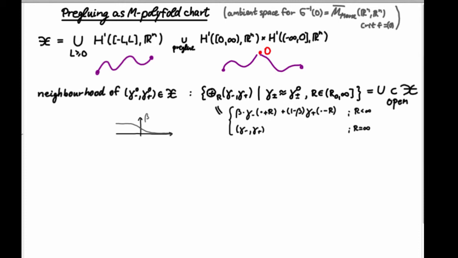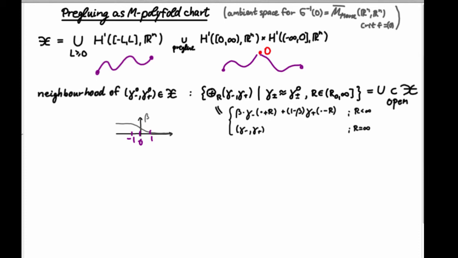If it's a finite gluing parameter, I shift them relative to each other a little bit, actually a lot, because gamma minus is defined from 0 to infinity, and I need to start defining things at minus L. So I'm going to declare L as R, and then this starts at minus R. And so I shift gamma minus sort of to the left in the domain, I shift gamma plus to the right in the domain, and I interpolate between, say, minus 1 and 1, just cut off and turn the other one on.